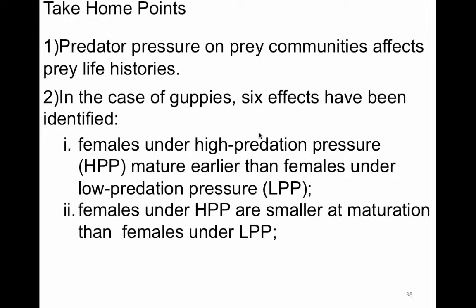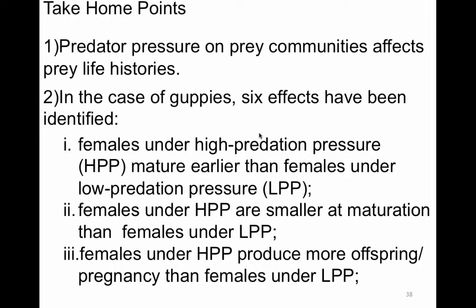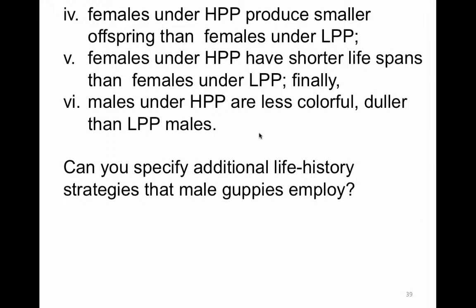Females under high predation pressure are smaller at maturation than females under low predation pressure. 3. Females under high predation pressure produce more offspring than females under low predation pressure.